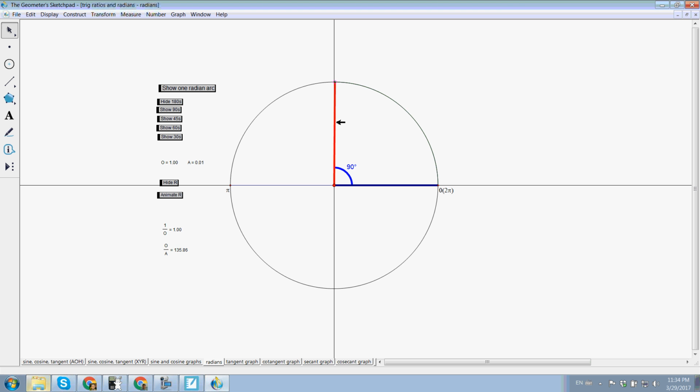So 1 pi halves, 2 pi halves, which is pi, and 3 pi halves. So here would be the 90 degree markers on the circle: pi halves, pi, and 3 pi halves.